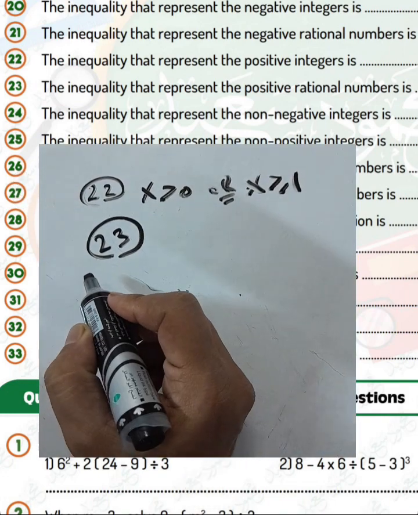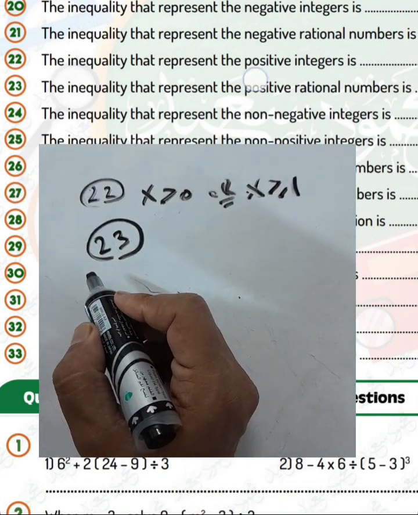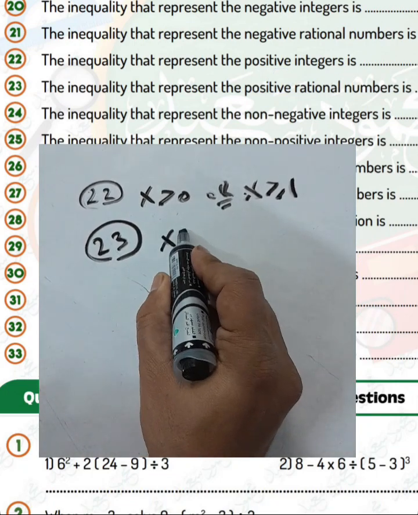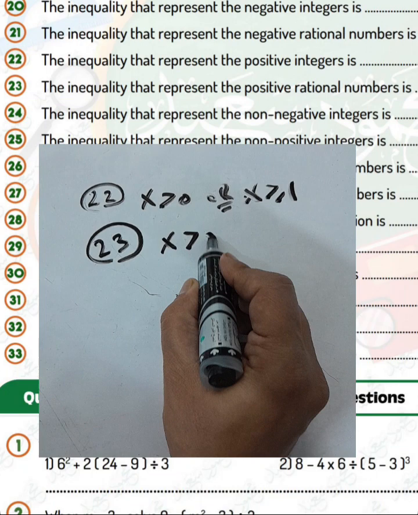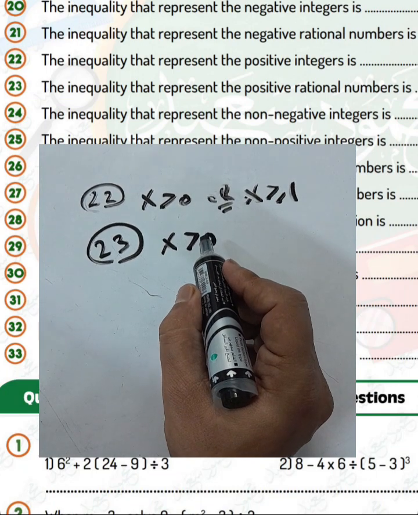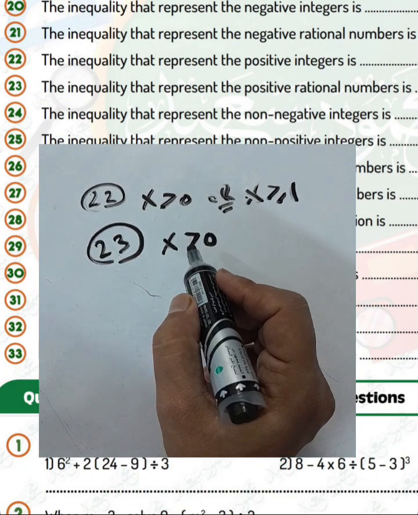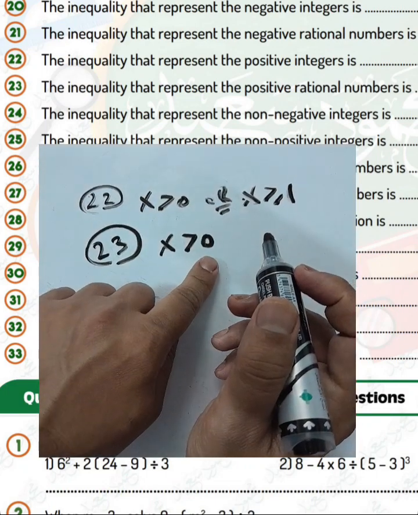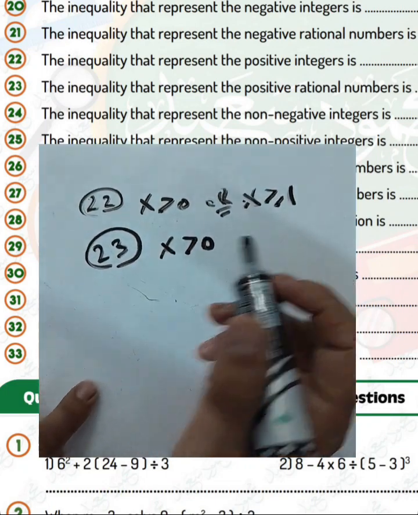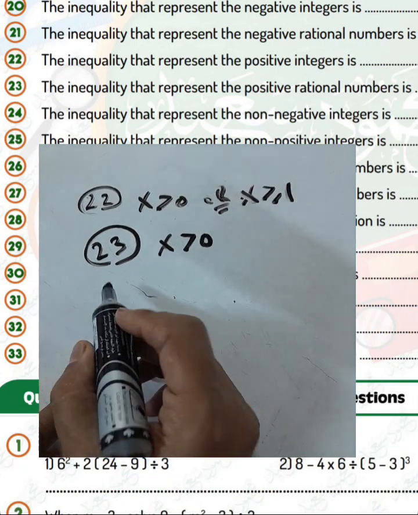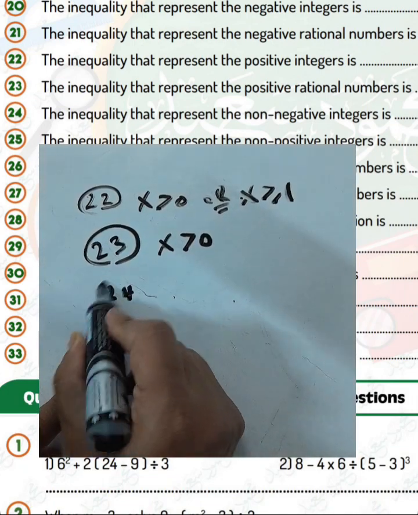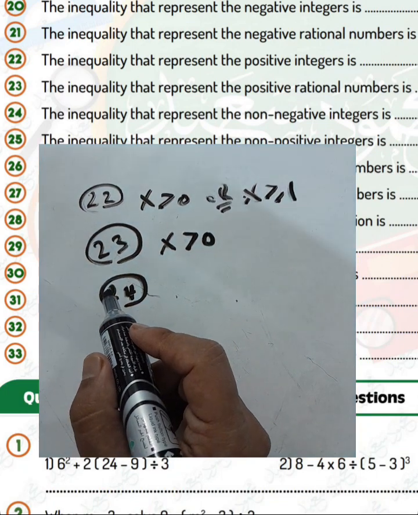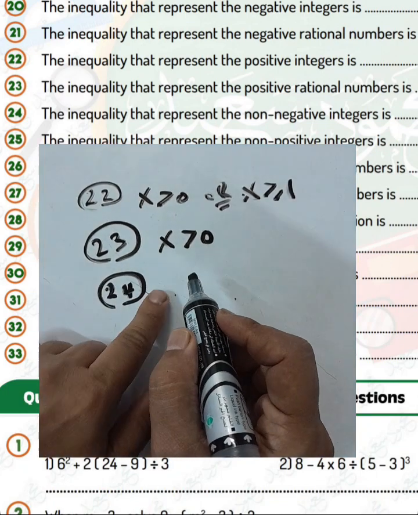Question 23 is an inequality that represents positive rational numbers, it will be x greater than 0. Positive rational numbers, it will be beginning by 0, rational number. Understood? Question 24, the inequality that represents a non-negative integer, non-negative, what does it mean?